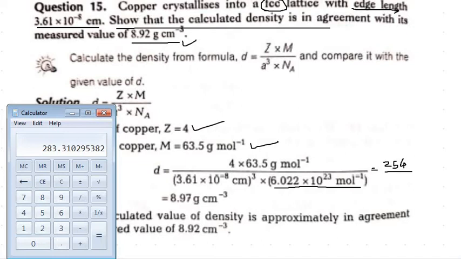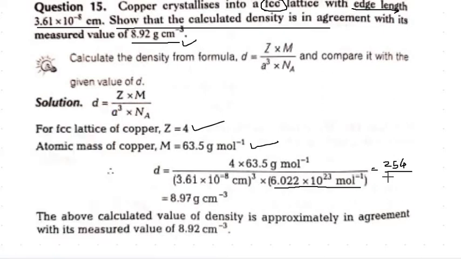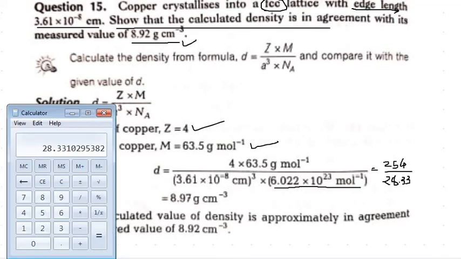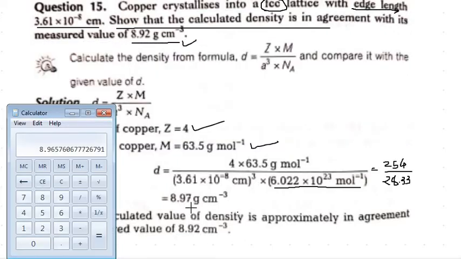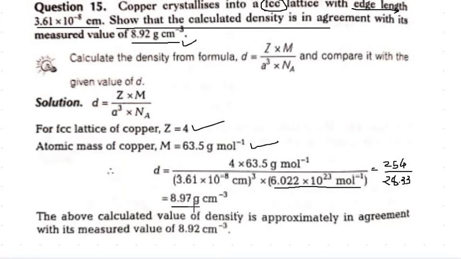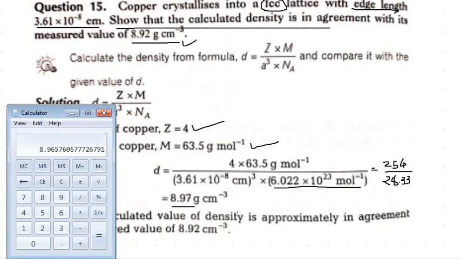So what I am supposed to do is divide this by 10, and it is 28.33. Let me write this as 28.33. Now using the calculator we may take this division: 254 divided by 28.33 is 8.965, which is very close to the accepted value, 8.97.